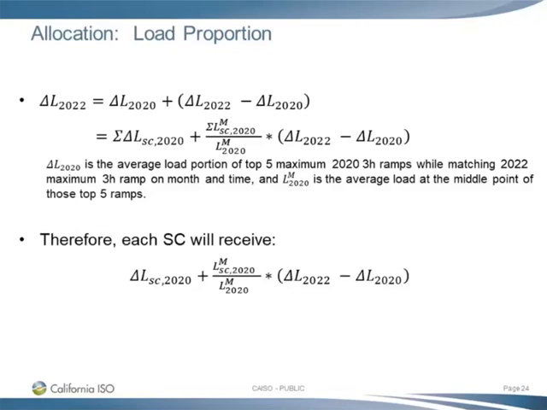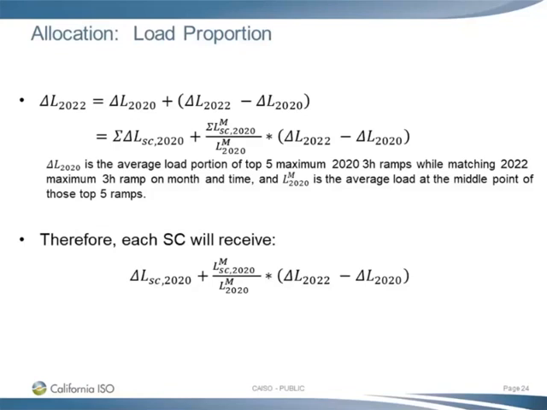So all in all, the reserve allocation is by the peak load ratio. The wind and the solar is done by the ratio from the 2022 flexible ramp survey. Then the load has a little extra, to give credit to the LSEs, SCs who manage the load ramp, and then the peanut butter, the difference between 2022 and 2020.